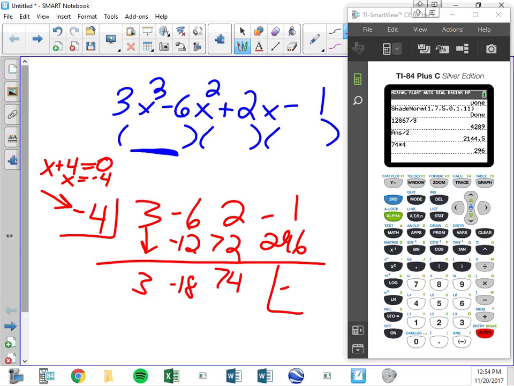Oh wait, did I do that wrong? So, negative 12, negative 18, 72, 74. Oh, I messed up on the other one. Negative 297. Did that go in evenly? No, so x plus 4 is not a factor. It doesn't belong in that equation.